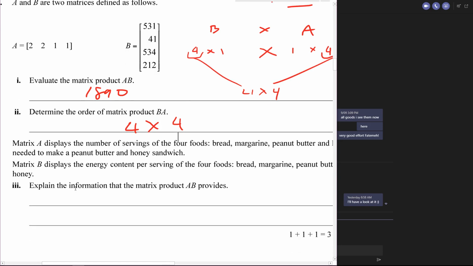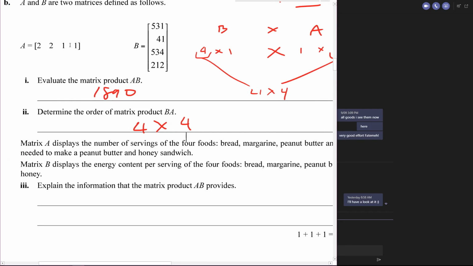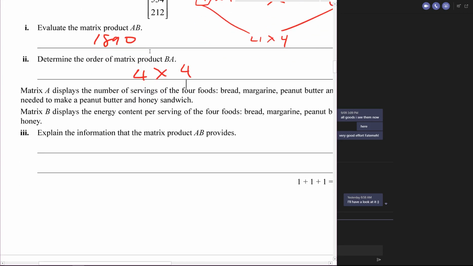When you multiply A and B together, A times B, if A is the number of servings of the 4 foods, multiplied by the energy content for each of them, what does it give you?